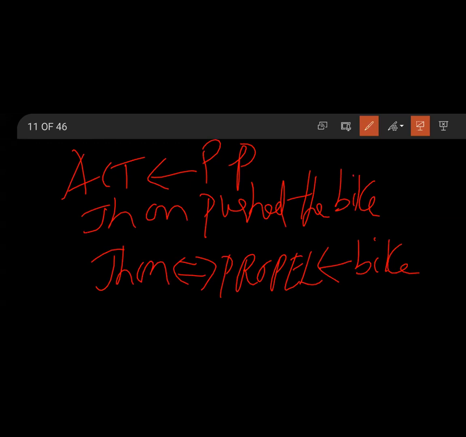John, double arrows, propel, bike. Propel means application of physical force to an object. Here push, for example, push. Applications of physical force to an object, propel. This is the second rule. Rule number 2.